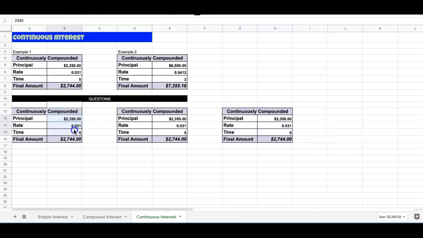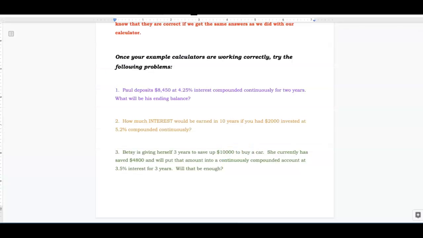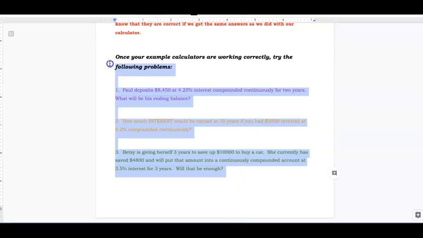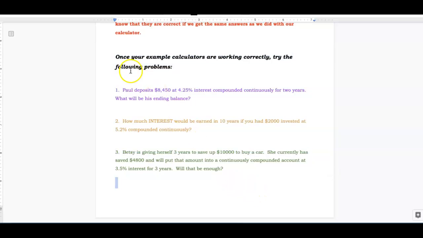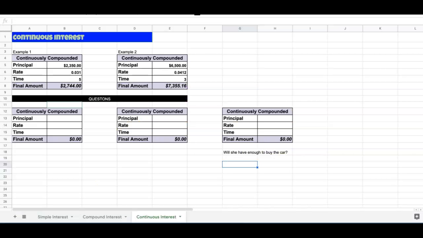And I'll just delete the info, but don't delete that bottom purple cell because that has the formula in it. Go ahead and type this at the bottom here for the third one. Will she have enough to buy the car? Because I'm referring to these 3 questions here on your notes. So go back to your notes and do number 1, number 2, and number 3. And then submit this file for your continuous notes.